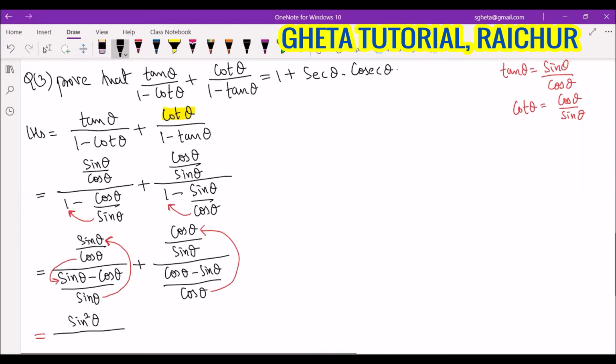So here will come cos theta into sin theta minus cos theta. Plus here cos theta into cos theta we can multiply, so it becomes cos squared theta, whole divided by sin theta into cos theta minus sin theta.